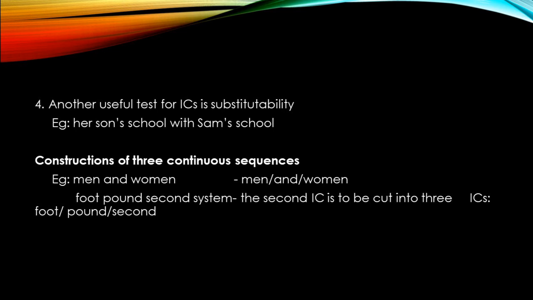So this is somewhat related to the first one. Substitutability is a very useful test to decide where the cut should be. For example, her son's school can be compared with Sam's school. Okay, now it is very easy to substitute her son's with Sam's school.